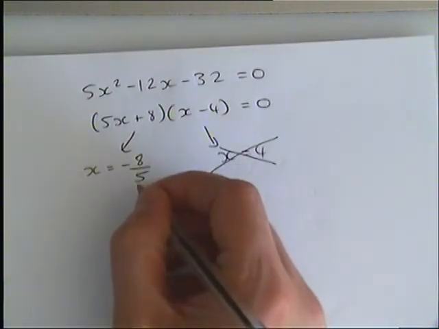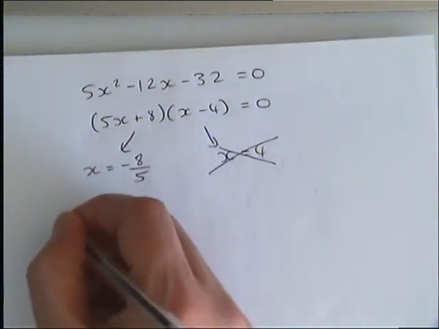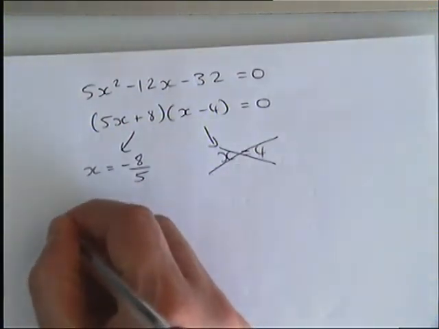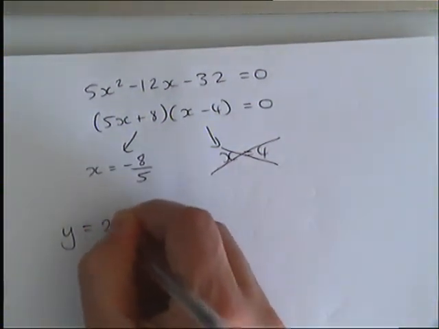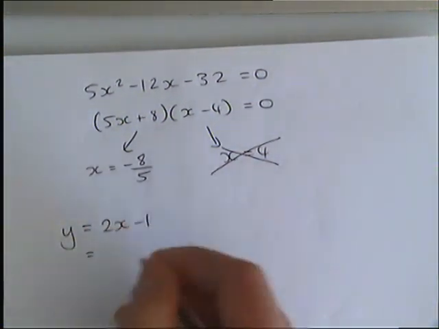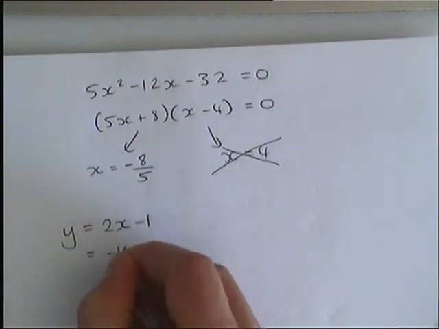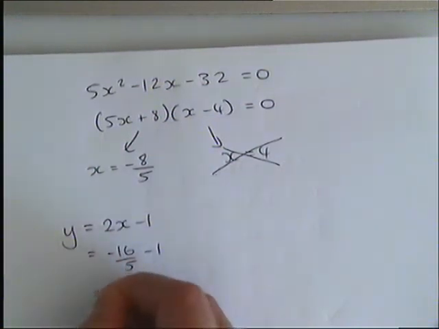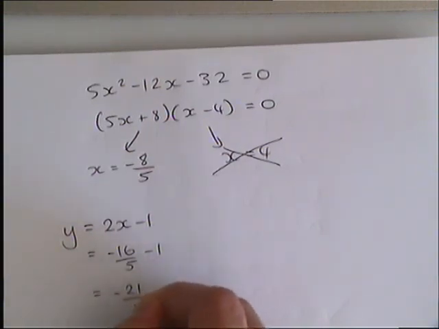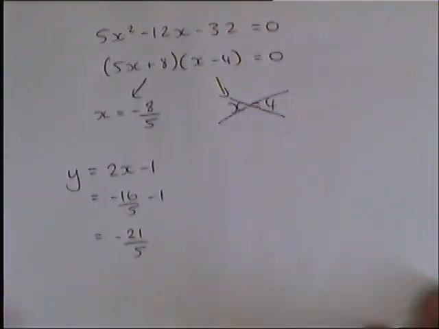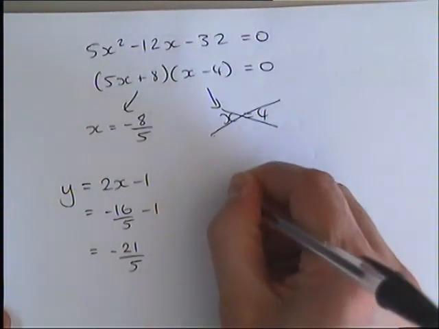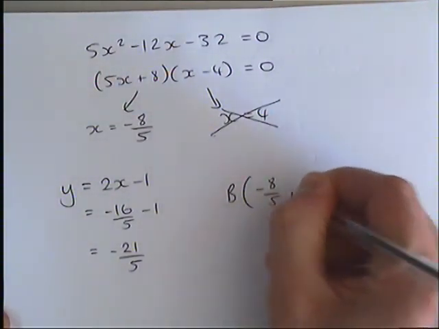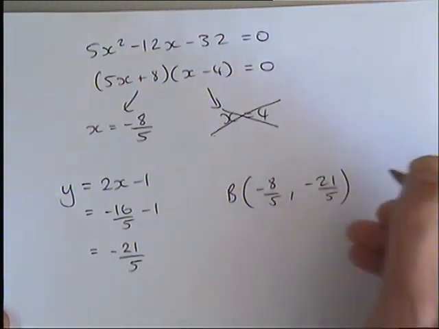So this is the x coordinate of point B. And also, point B lies on the line y equals 2x minus 1. So we're going to double x and then minus 1, which is minus 21 over 5. And so the coordinates of B are minus 8/5 and minus 21/5. Done.